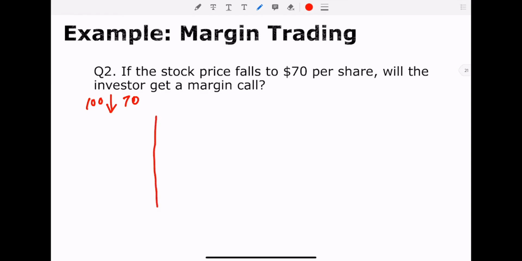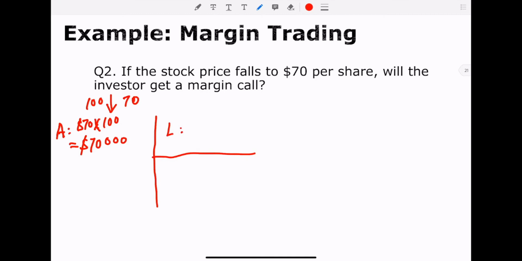So again, we have asset here. What is the asset? Well, the asset is $70 times 100, because you still have 100 shares. So the asset here is 7,000. I'll call the left-hand side A, which represents asset. What is your liability?